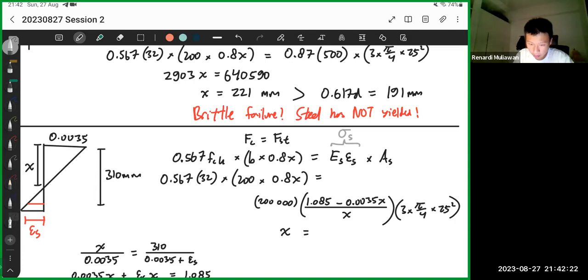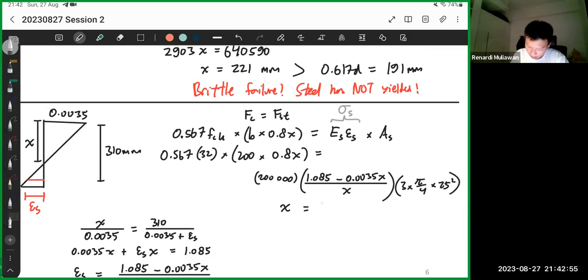Oh no, I messed up. Let me retype. 2903x equals 200,000 times (1.085 minus 0.0035x) divided by x, times 3 times pi over 4 times 25 squared. Then solve. Let me put the initial value as 190. Let's see what we get.